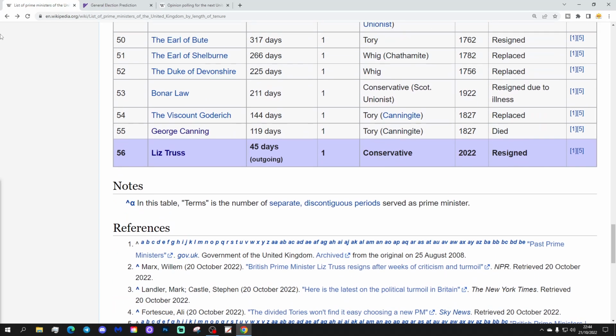So yeah, poor old Liz down there, 56 out of 56, and absolutely thrashing George Canning, who had that record of shortest Prime Minister for 195 years from 1827.